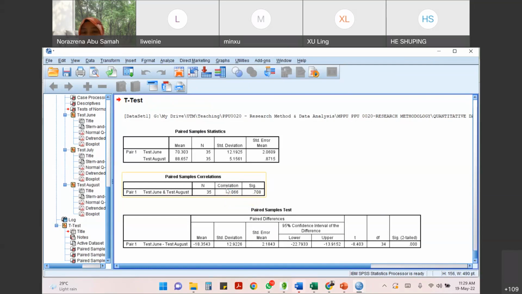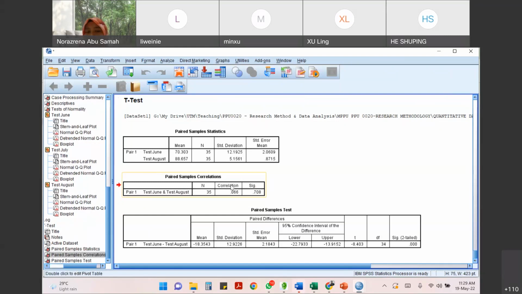Because you said the significance value means if they have the correlation, so I was wondering why there are two here because they are the same. Am I right? Sig and here, this one and this one, is it? Yes, it is. Oh, no, it's not the same. It's different.